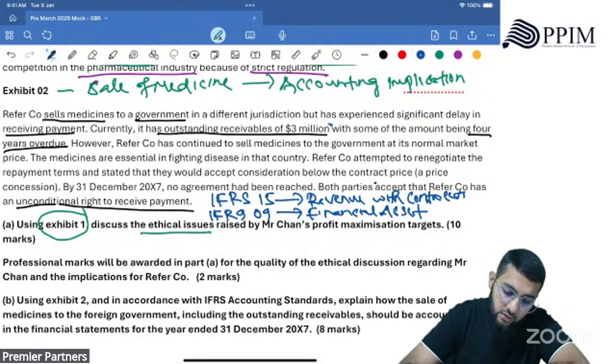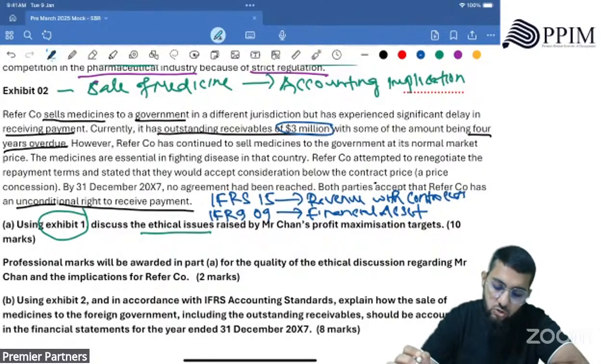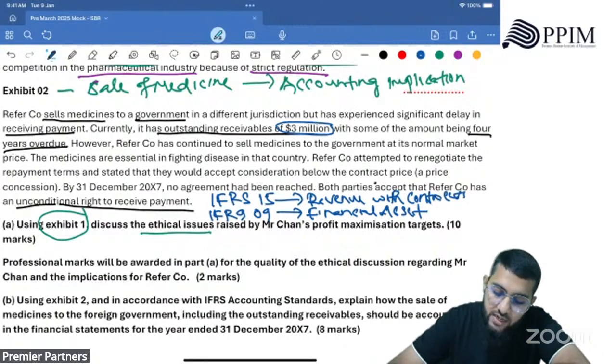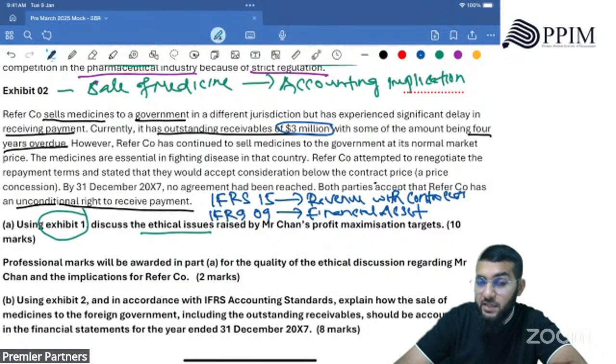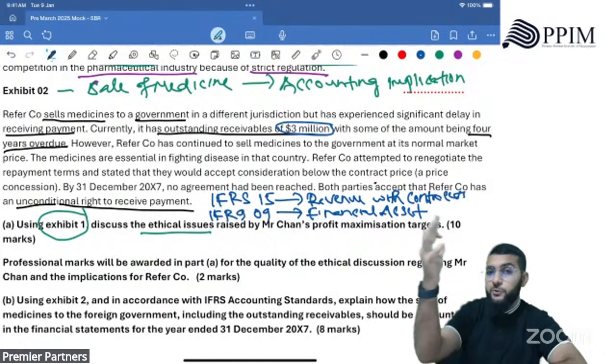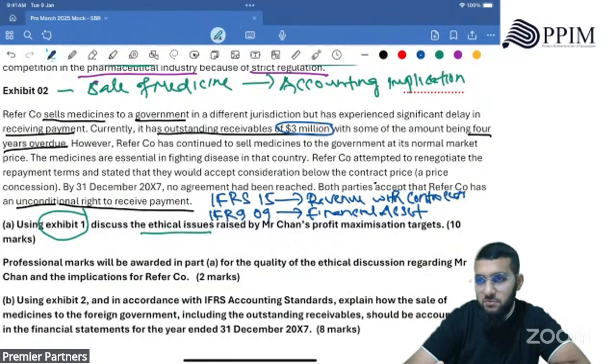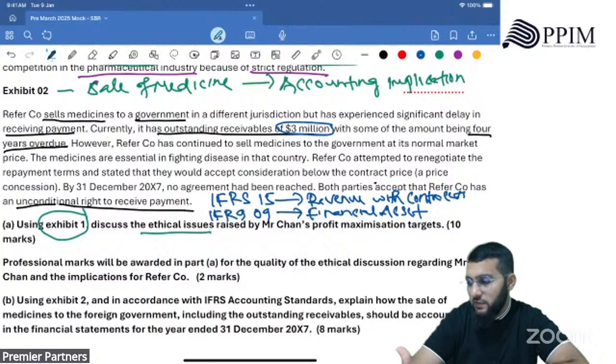Now in this case, this outstanding of 3 million, there are 2 ways. Past sales, and now in the future they're continuing to do the sales. In future, they can decide whether they are going to discount the sales. Anyway, they know 4 years is a longer period, so there is going to be deferred consideration, a deferred amount that you're going to receive.